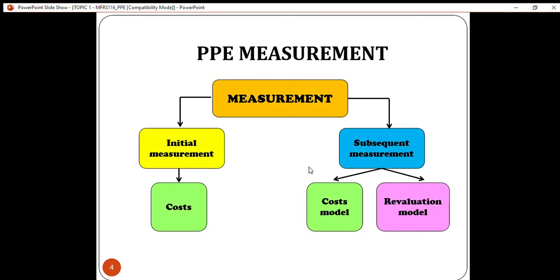This diagram is about the measurement of PPE. PPE are initially measured at cost, and for subsequent measurement, the entity can select the cost model or revaluation model as its accounting policy.